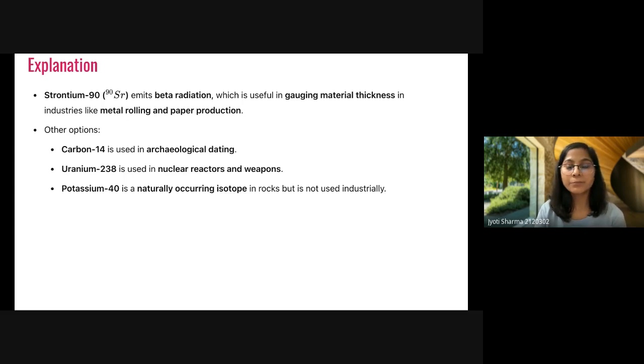It will emit beta radiation, which is useful in gauging material thickness in industries like metal rolling and paper production. We already have talked about carbon 14 and uranium 238. But if you see here potassium 40, this is a naturally occurring isotope in rocks and is not used in industries, right? So the answer will be strontium.